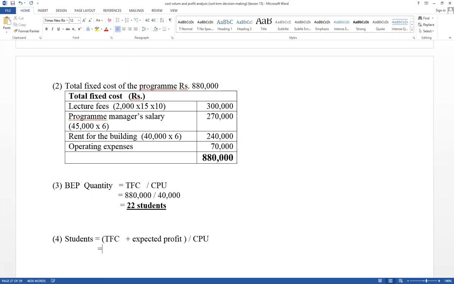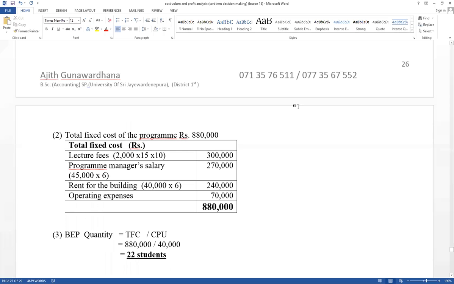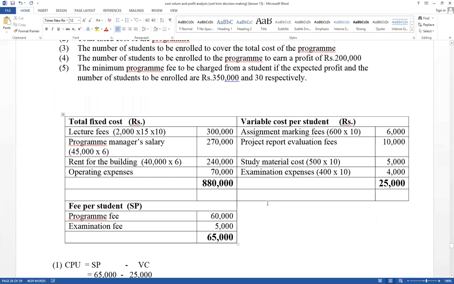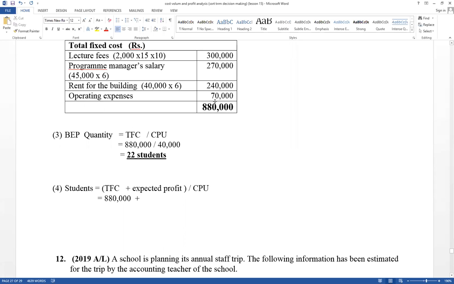Total fixed cost is already calculated: it is 880,000, and expected profit is given as 200,000. Therefore, it should be added. Then 880,000, that is the total fixed cost, and expected profit equals 200,000, then divided by contribution per unit.